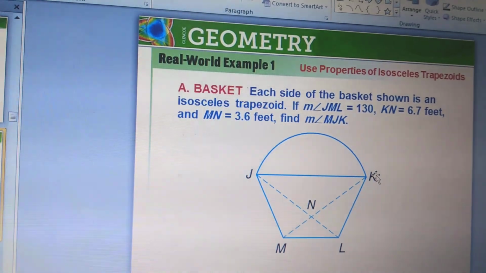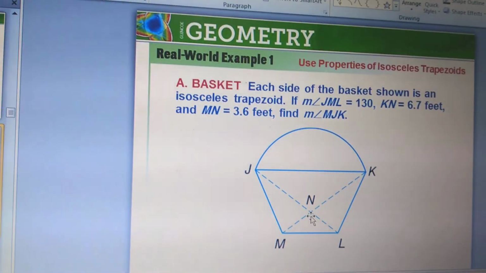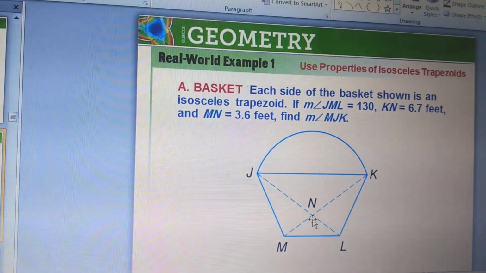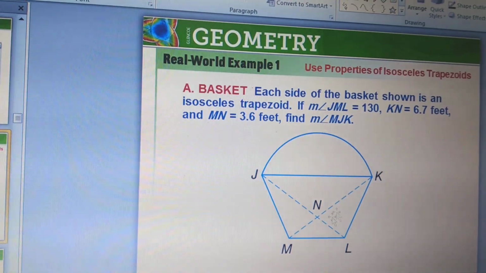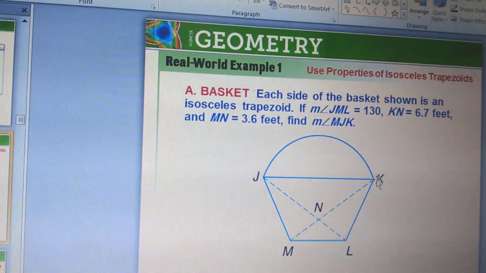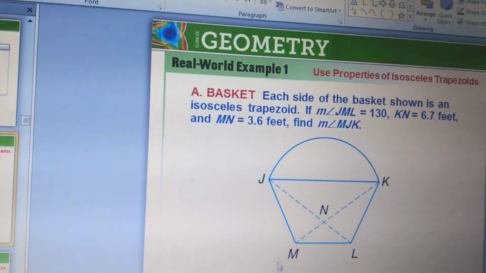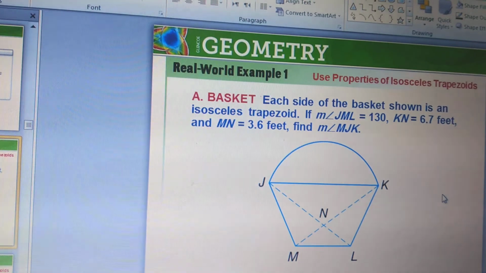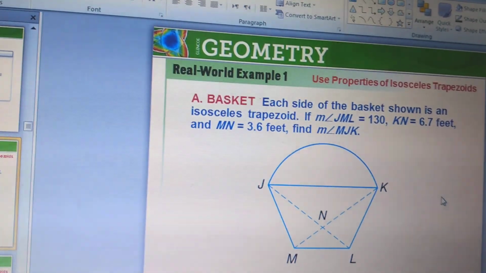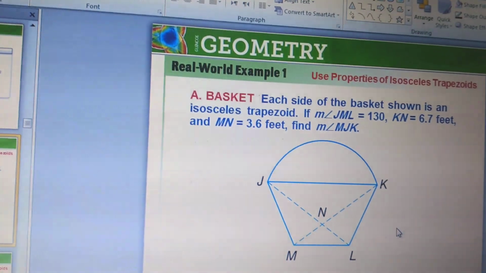KN is 6.7 feet and MN is 3.6. If I add them, I get the diagonal, because KN plus MN gives the complete diagonal. Find the measurement of angle MJK.